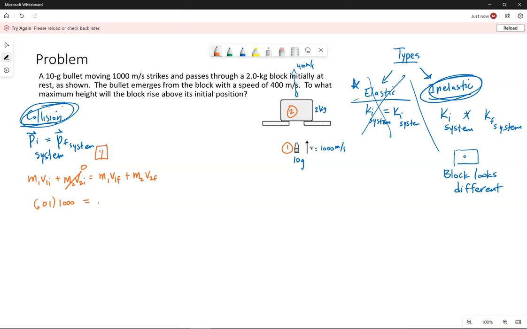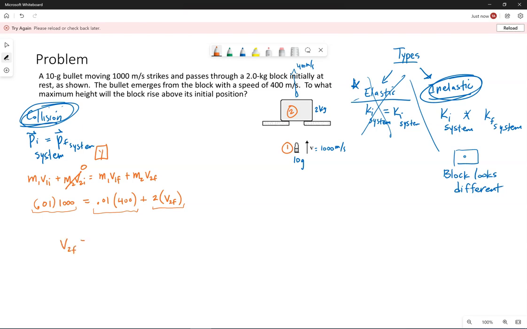Finally, the bullet is now traveling 400 meters per second. If it has slowed down, that means the block had to gain that energy, or sorry, that momentum. So the momentum of the bullet finally, plus the momentum of the block finally, those have to add up to the momentum of the bullet initially, because it was the only one moving initially.